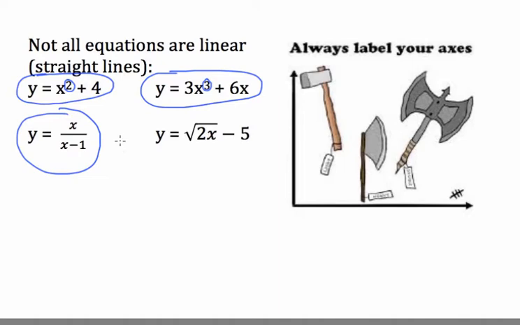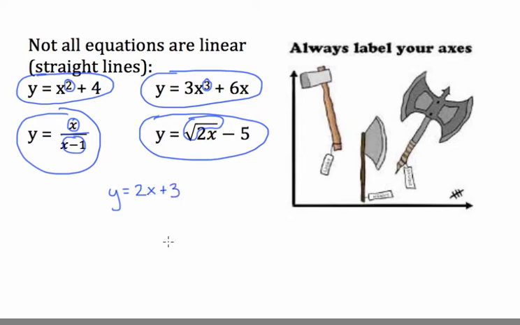This is a rational equation because of the x's within a fraction. This is a radical equation because of this square root. We will be dealing primarily with linear equations. Next module, we'll talk more about what makes a linear equation and what forms they can be in. But I want you to know that there's other things out there too.